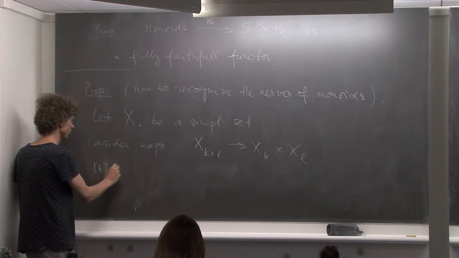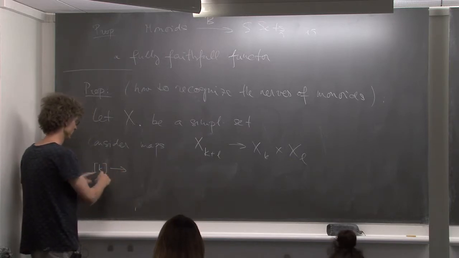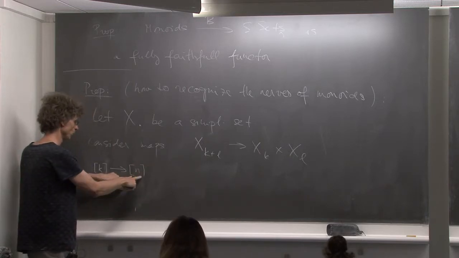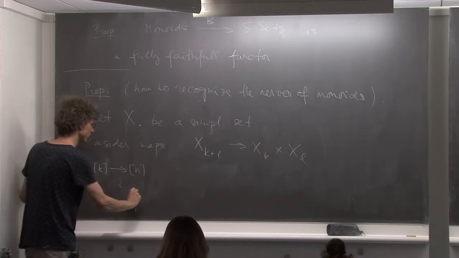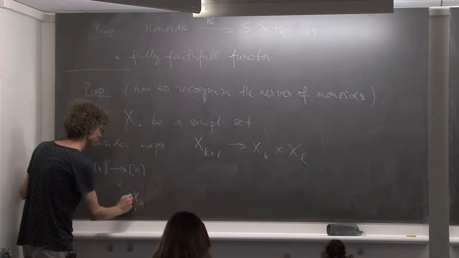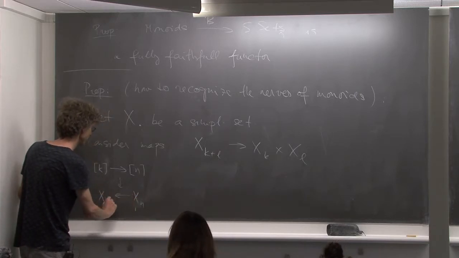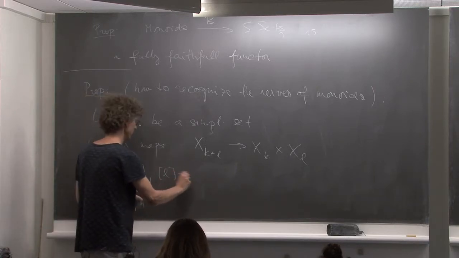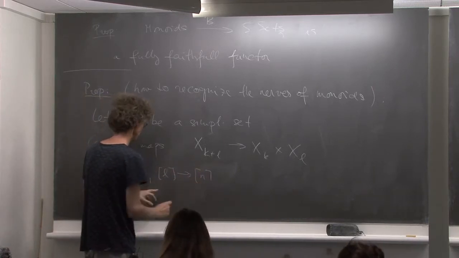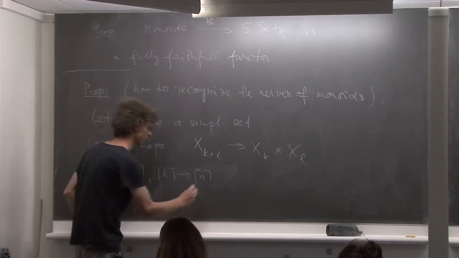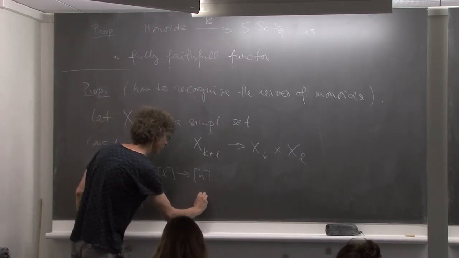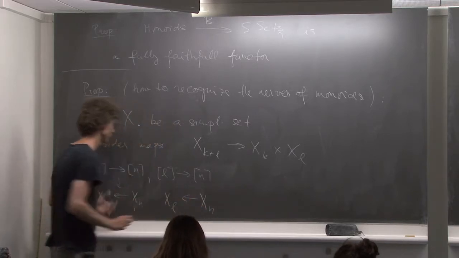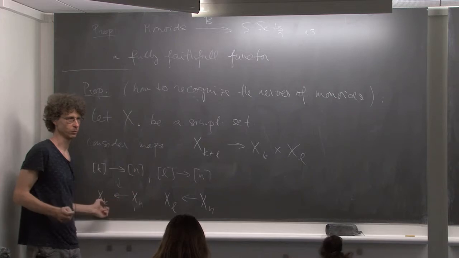We consider the map going from k to n, which induces a map from X_n to X_k, and another one from l to n, which, since X is contravariant, induces a map from X_n to X_l, and we take the product of these two maps.